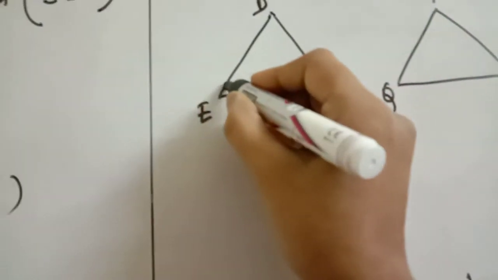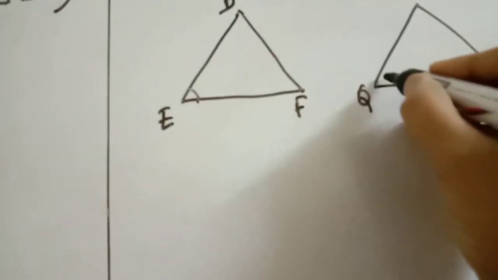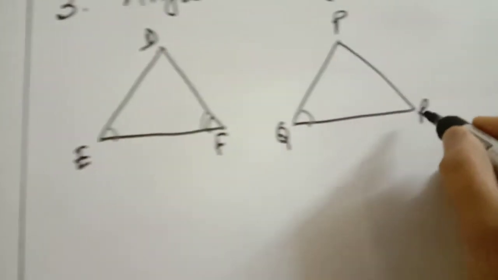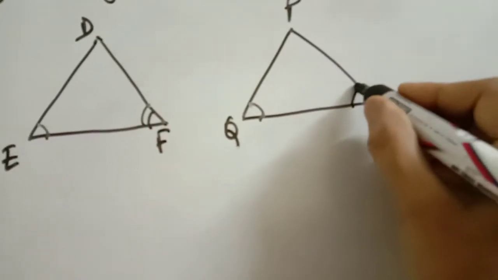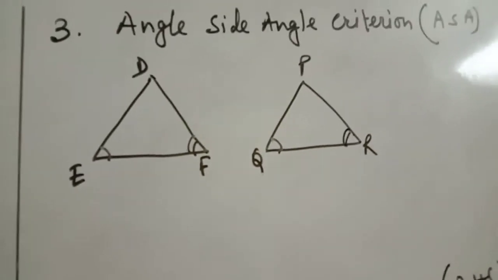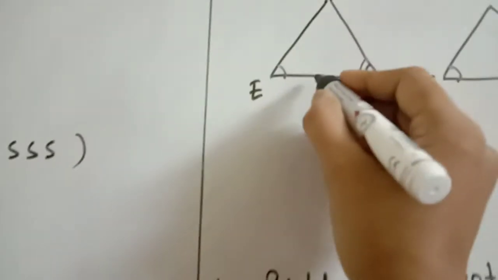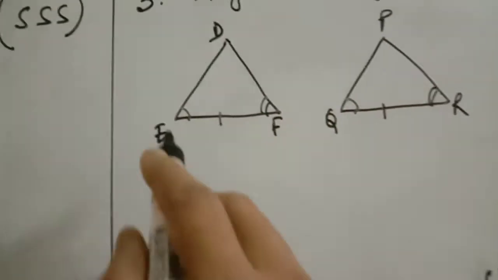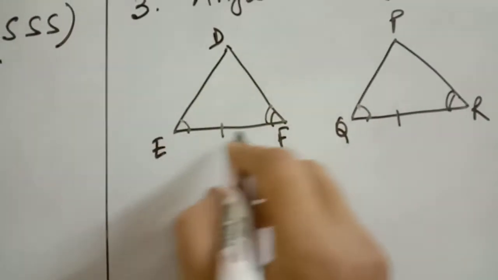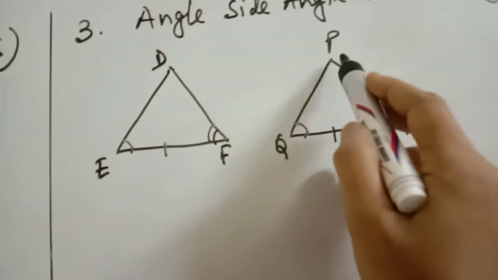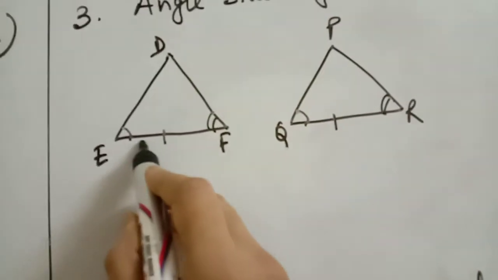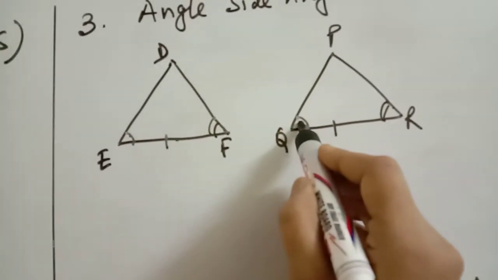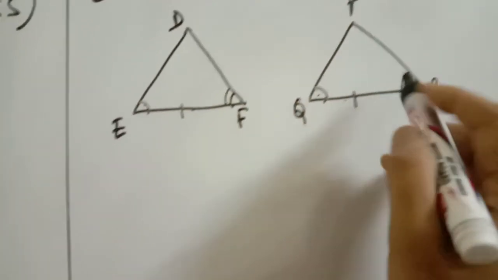Say angle E is equal to angle Q, and angle F is equal to angle R. Let these be given, and it is also given that EF is equal to QR. Then we can say that triangle DEF is congruent to triangle PQR by angle side angle criterion. Understood?